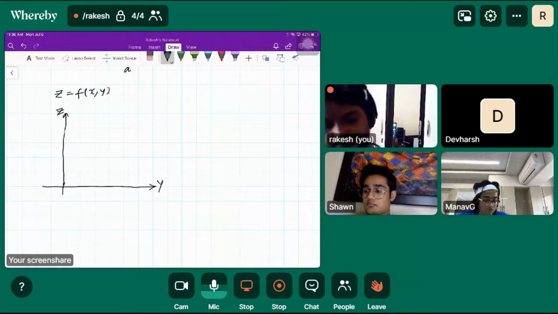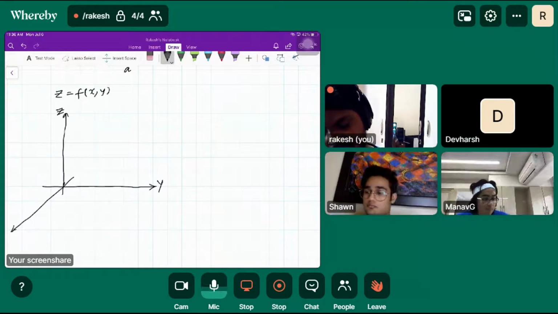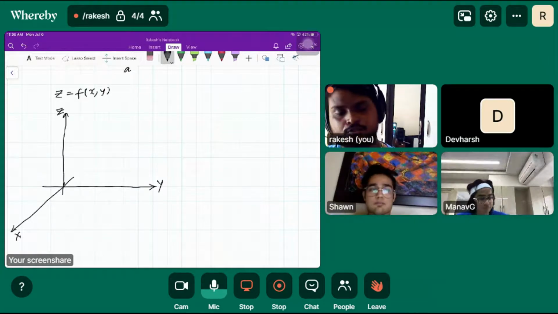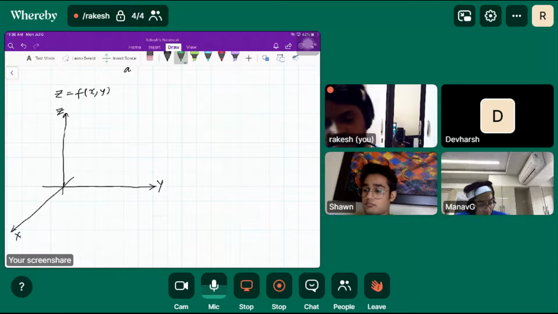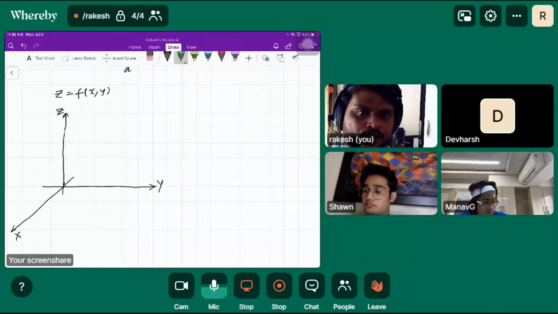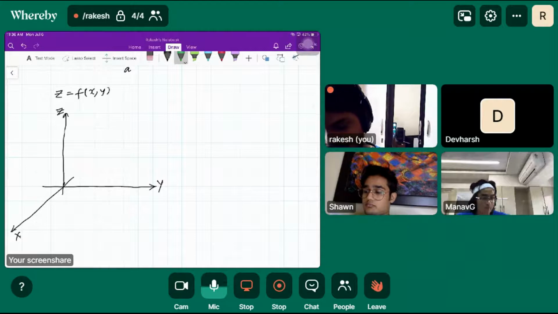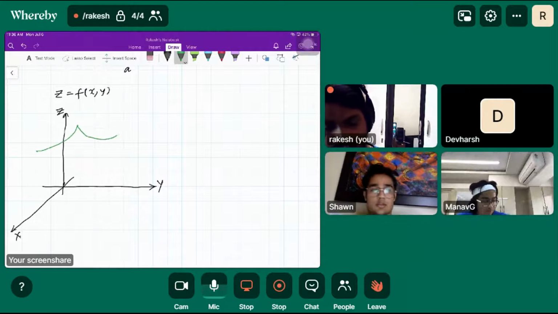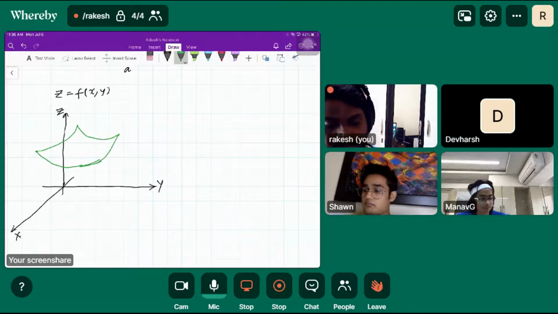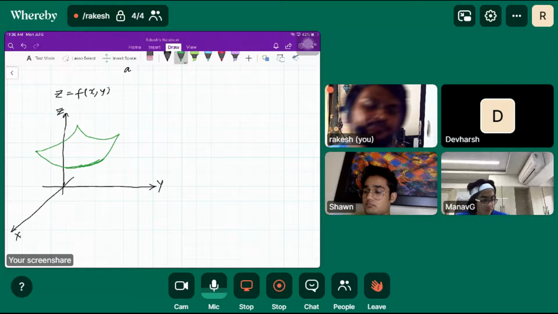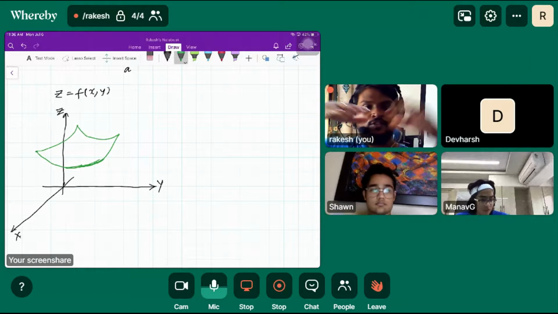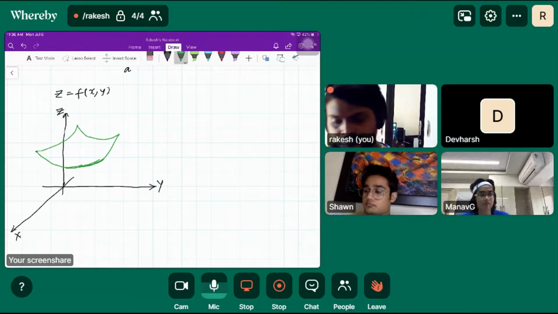So this is y. This is x. If we have a surface, since z is equal to a function of x and y, we will definitely get a surface like this. Can you imagine that's the surface?